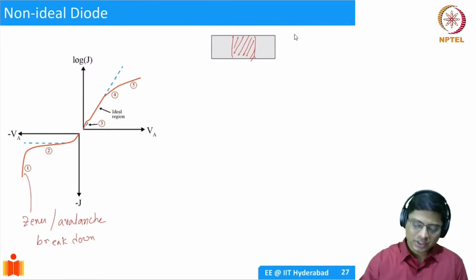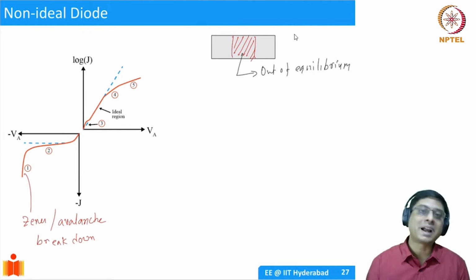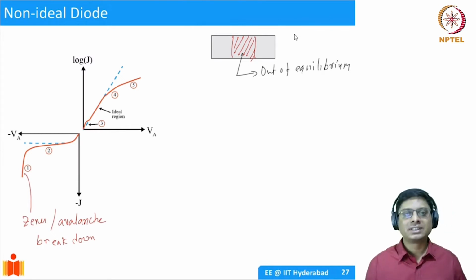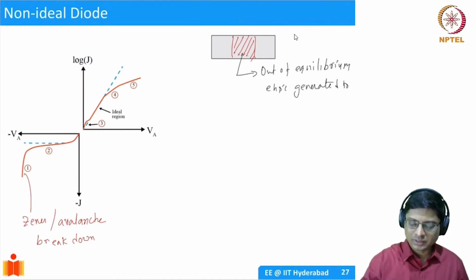But this is essentially out of equilibrium, right? Whenever a semiconductor goes out of equilibrium, it tries to come back to equilibrium. When you have excess minority carriers, they will recombine. When you have fewer carriers, it will generate. So EHPs are generated to restore equilibrium.